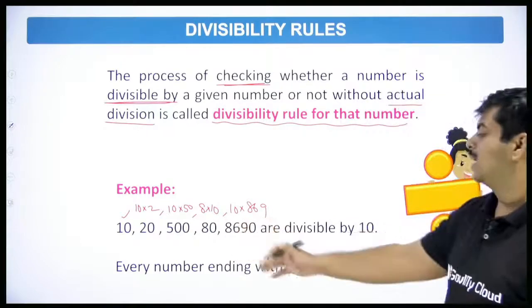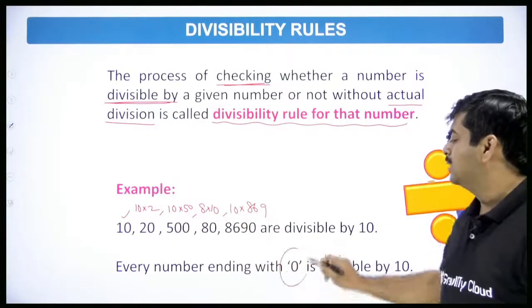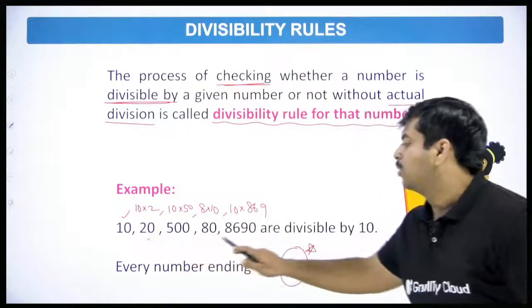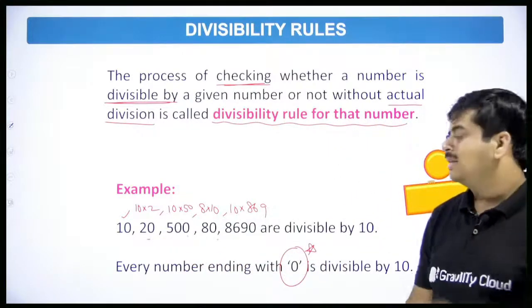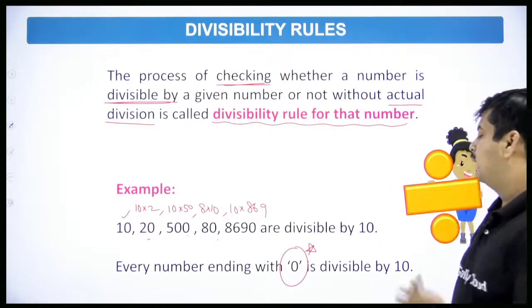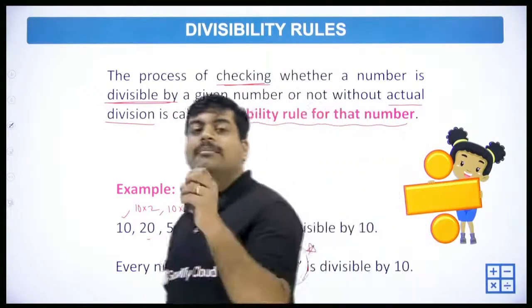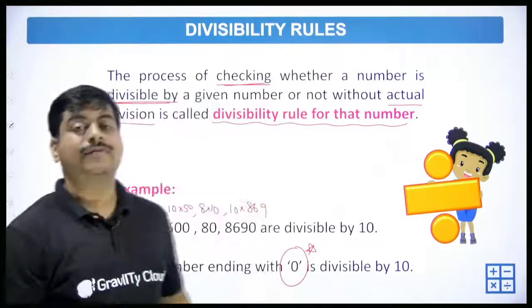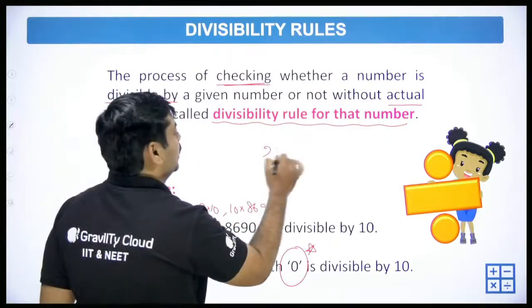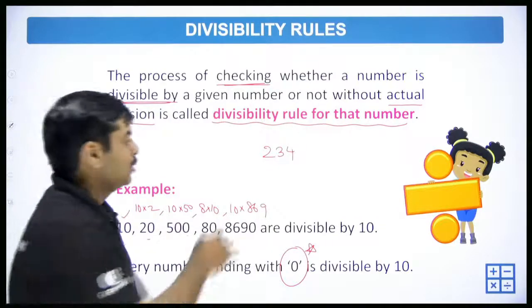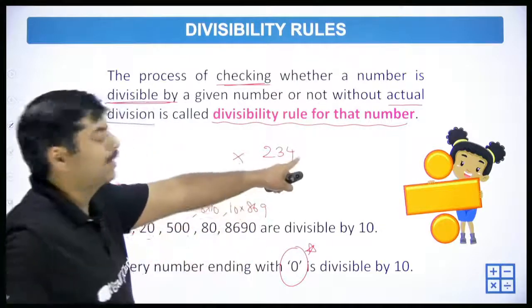You can see here, every number is ending with 0. This is very important. Carefully observe, all these numbers are ending with 0. Every number ending with 0 is divisible by 10. 234, is it divisible by 10? No. Why? It is not divisible because there is no 0 at the end.